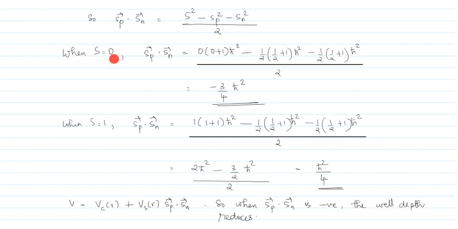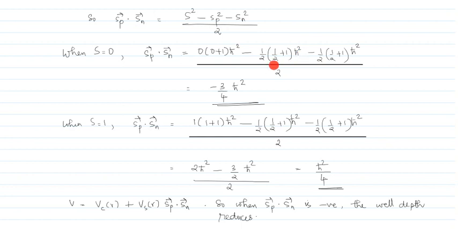When S equal to 0, Sp dot Sn will be, now what is the magnitude of all these angular momenta? When S is 0, it will be 0 into 0 plus 1, h cross squared. Both of these are spin half particles, so Sp and Sn can take value half.